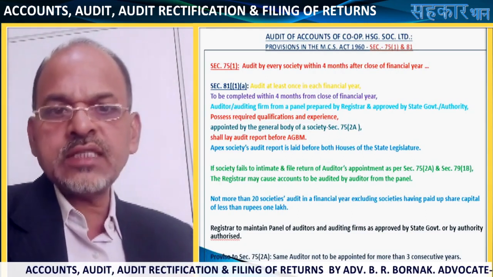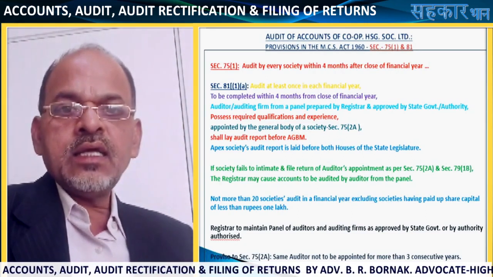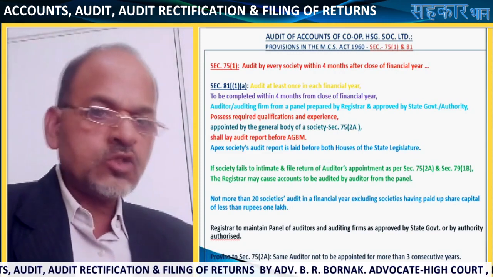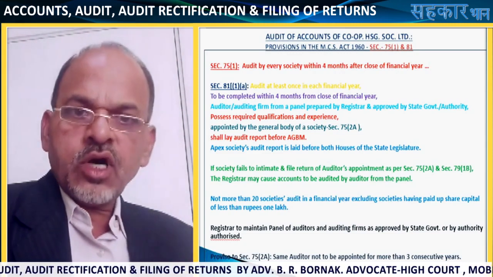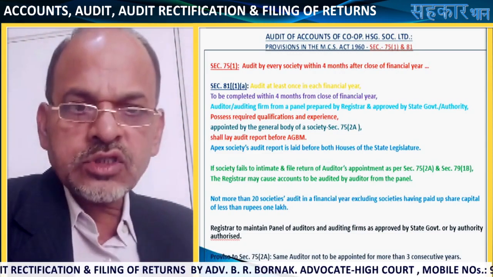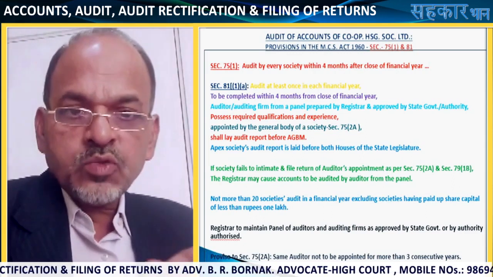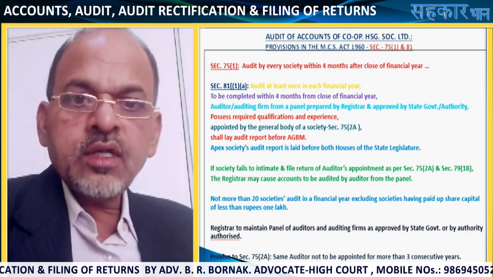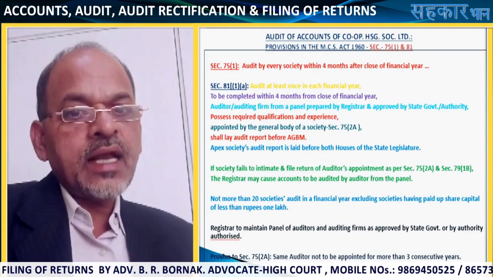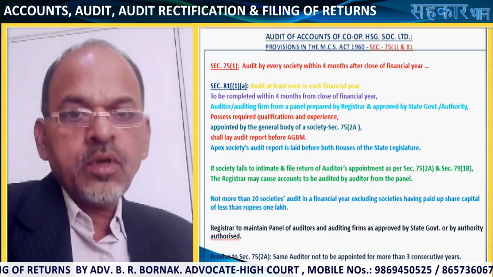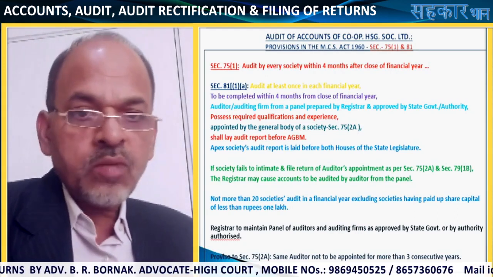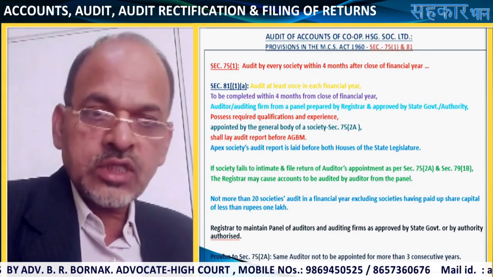Excluding these societies means what? If the paid up share capital of a cooperative society is rupees 1 lakh or more, then the auditor or auditing firm can carry out the audit of a maximum of 20 cooperative societies, not more than 20. But for societies having less than rupees 1 lakh, there is no such restriction.